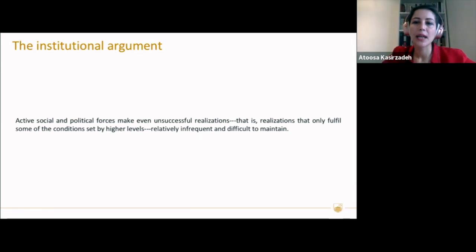Economic and social constraints, on the other hand, are more operative at the functional and computational level. So there are different sorts of institutional forces, and they operate at different levels.